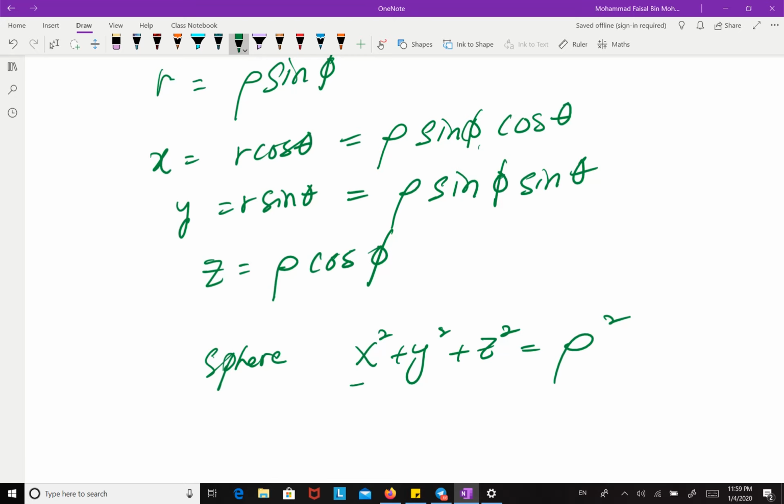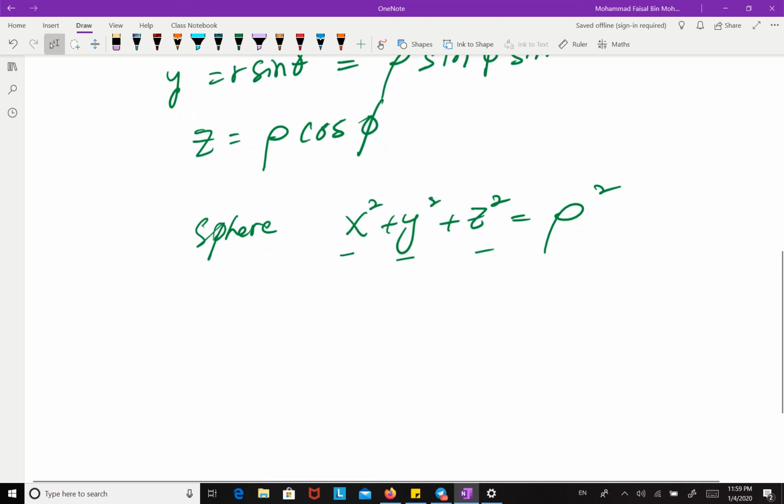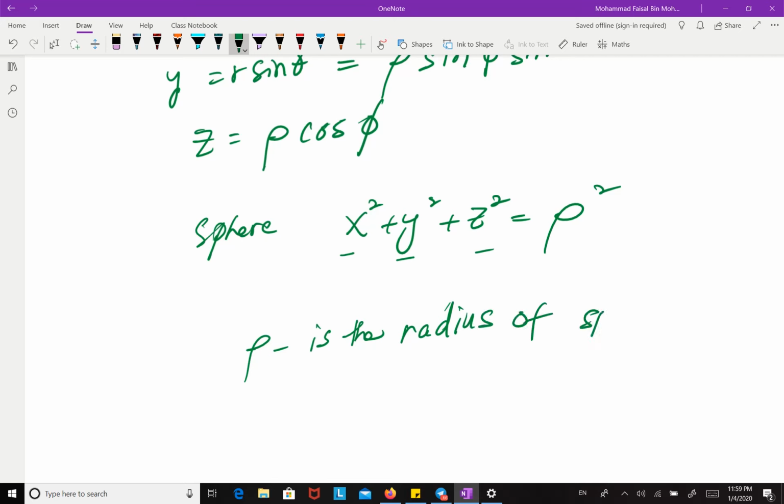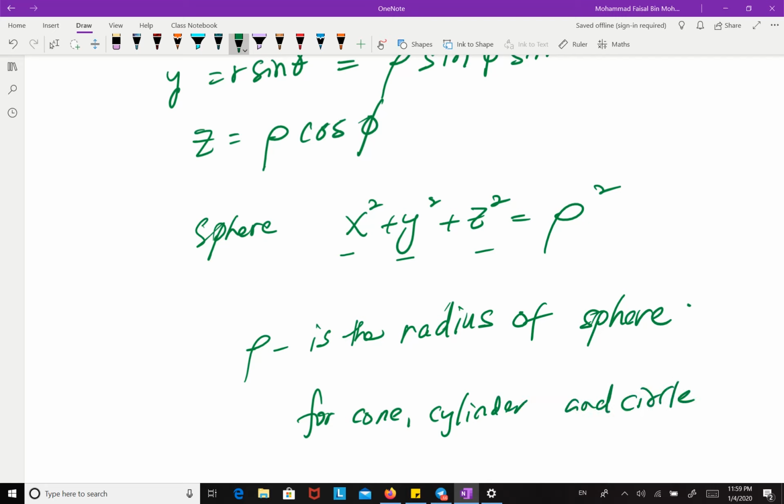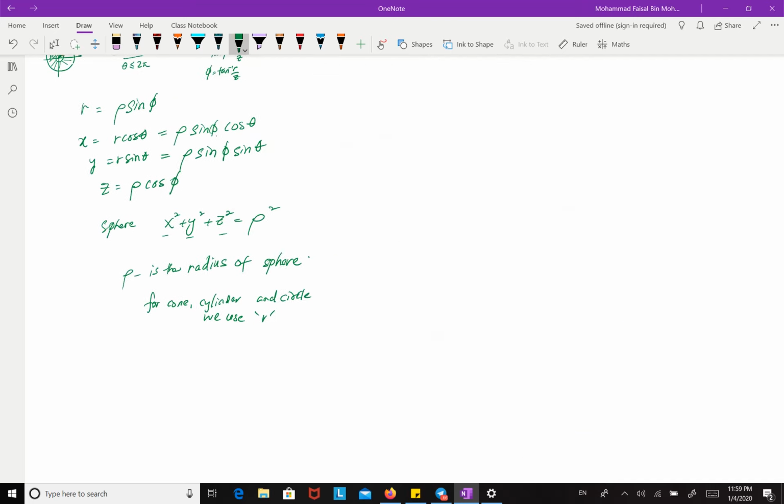You can substitute the x, y and z and you will get rho squared. So rho is the radius of the sphere. For cone, cylinder and circle, we use R.